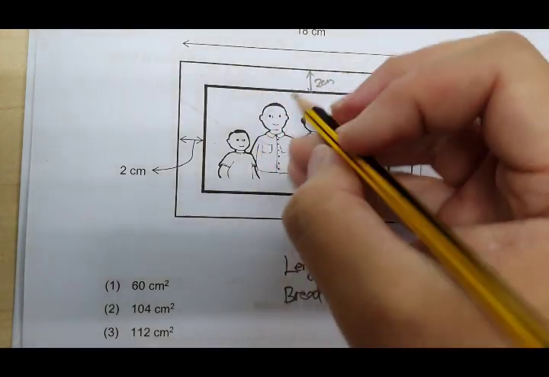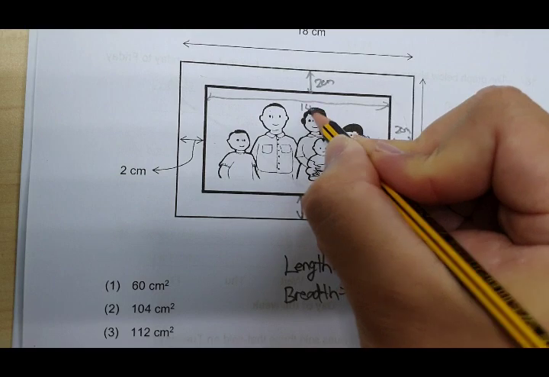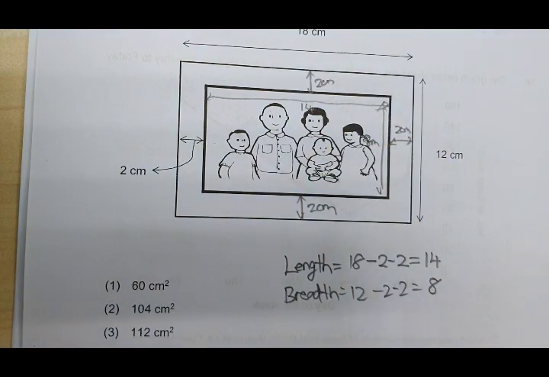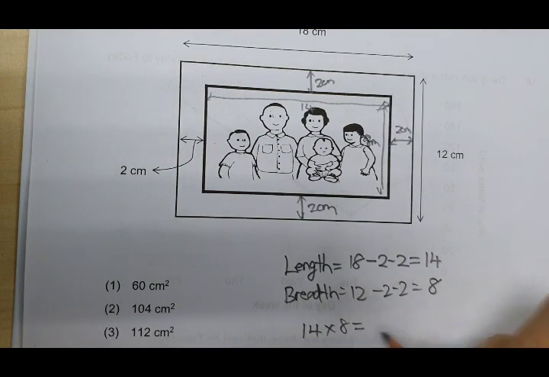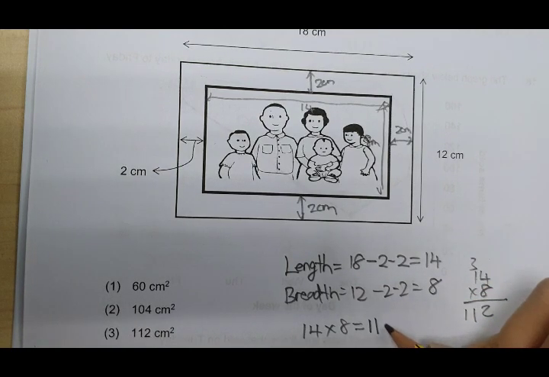So knowing that this side is 14, this side is 8. Alright, we were told to find area. So that will be 14 multiplied by 8. 4 times 8 is 32. 1 times 8 is 8. 8 plus 3 is 11. So 112. That should be our answer.